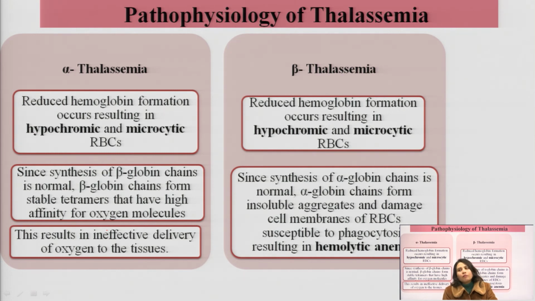Also, if the RBCs are not destroyed naturally, they will be marked for destruction by phagocytic cells, the macrophages, because with the permeability changes or destruction in the cell membranes, they are not appropriate and will be marked for destruction.